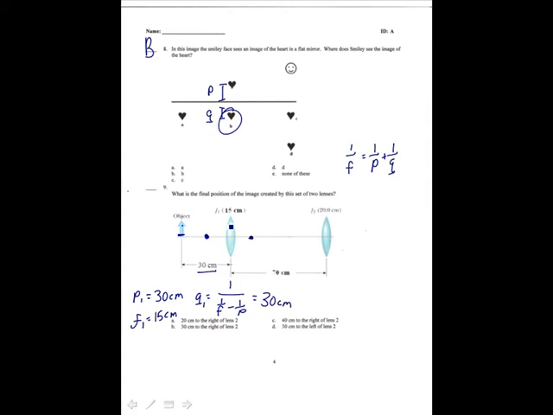That means that I'm going to produce an image right about here. That image is going to become the object for the second lens. So this distance from here to here, I'm going to call P2. So P2 is equal to 70 minus 30, because I know that this distance is 30 centimeters. This distance has to be 40 centimeters.